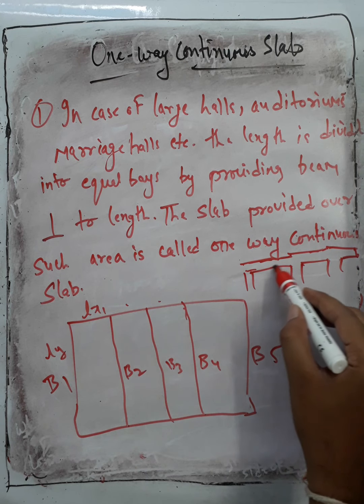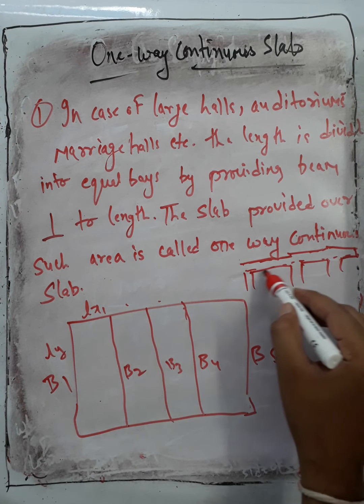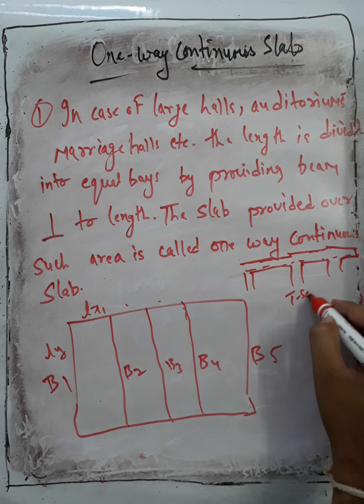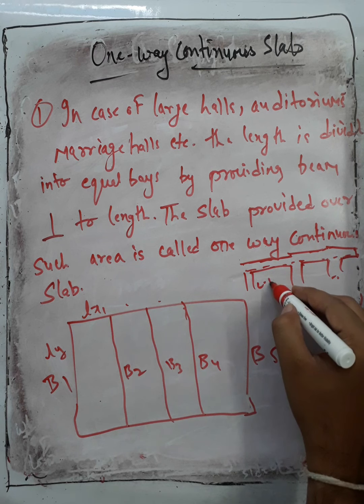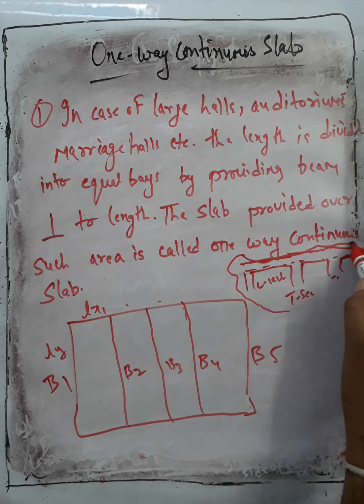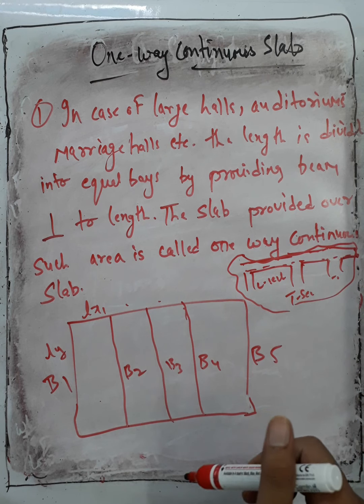So this one is the continuous slab. Here we provide a continuous slab, and these two joints are a T section joint, and this one is the L section joint. So in this case we have to design this continuous slab.